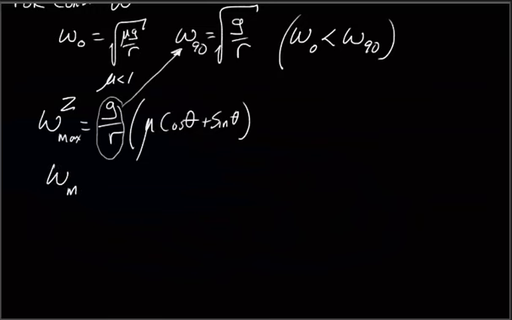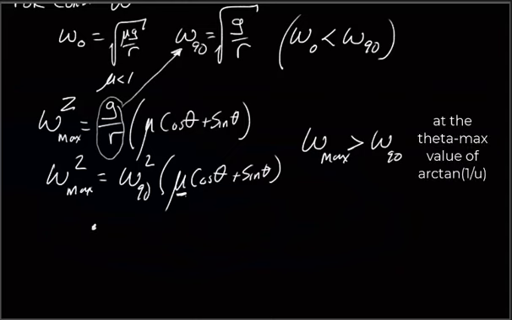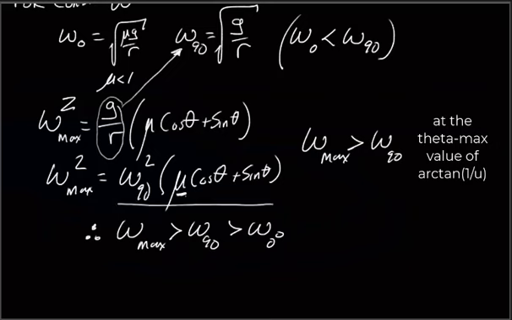So we get that omega max squared is omega 90 squared times (mu cos theta plus sine theta). And for any reasonable value of mu, omega max will be greater than omega 90, which will be greater than omega at 0.